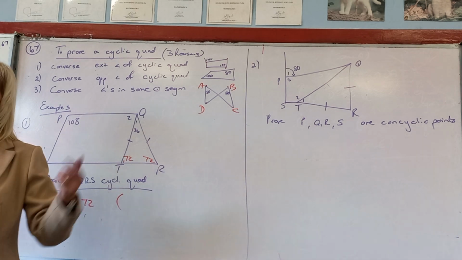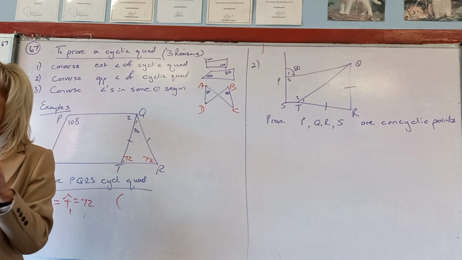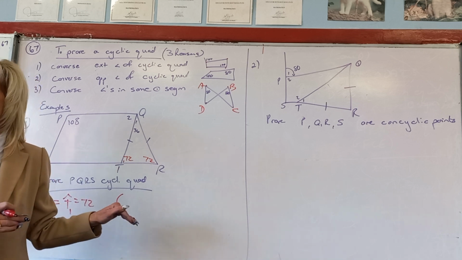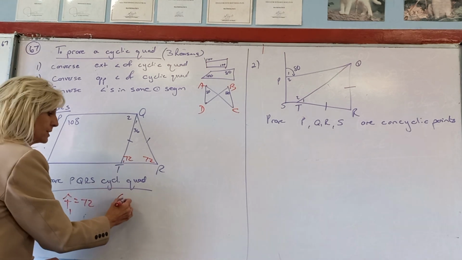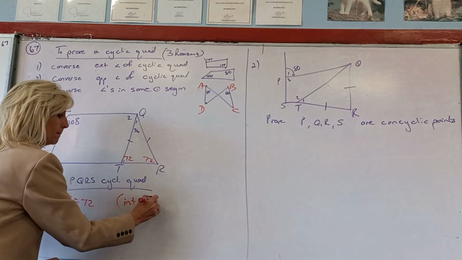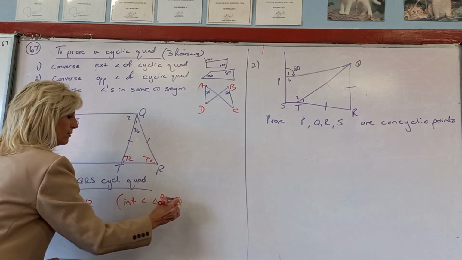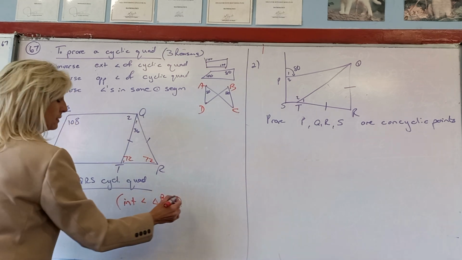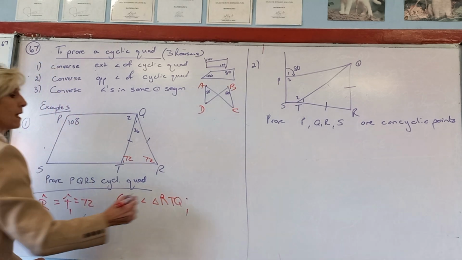Don't you first have to say that together they add up to 144 because of the sum of the angles? You can put it in one reason, but then all the reasons must be there. So I've got two reasons here. The interior angles of triangle RTQ, sorry, would be equal to 180, as well as, what else?